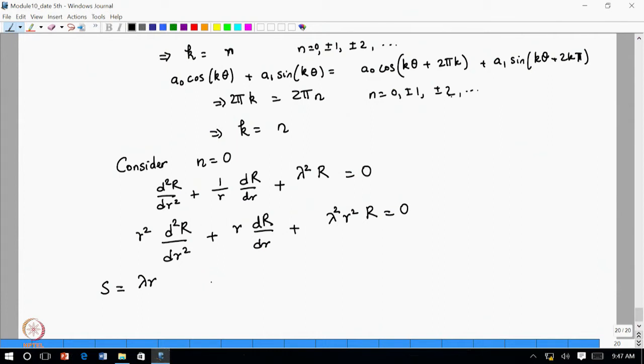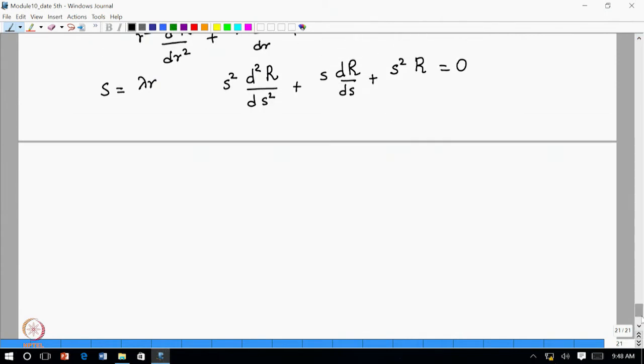So, if I make this substitution, I will get s square d square r by ds square plus s dr by ds plus, now lambda square, this is just s square times r equal to 0.